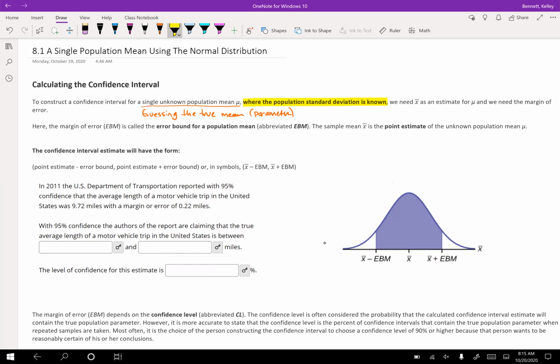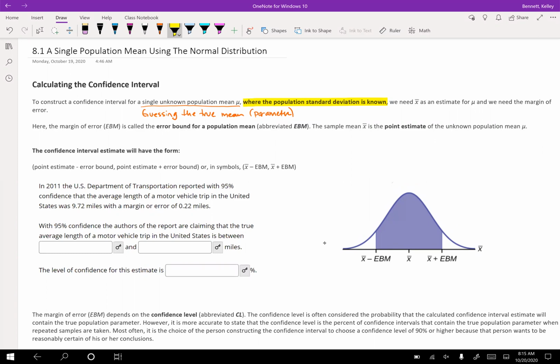And the way we're going to do that is we're going to create a point estimate. We're going to take a guess at what mu is. That's kind of a weak analogy, but that's okay, I'm going to roll with it. And we're going to create a margin of error. So we start with a point.